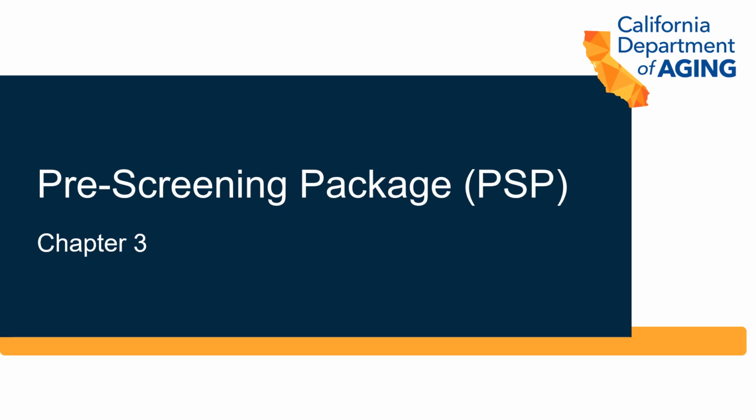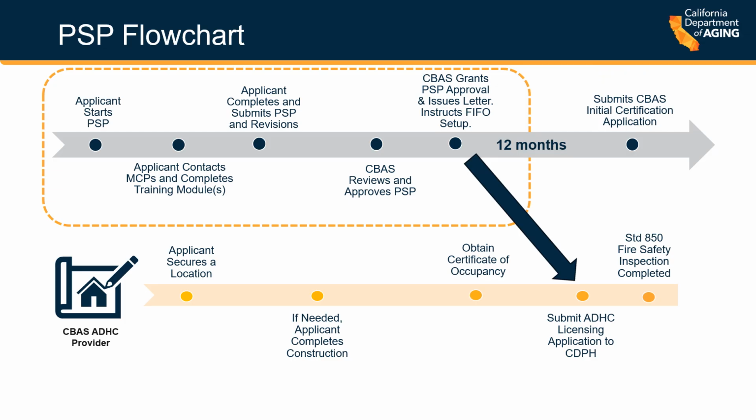In Chapter 3, we will review the PSP portion of the roadmap in greater detail. As mentioned, the roadmap to CBAS certification has many different components. We will provide more specifics based on each section to ensure a complete understanding of the process. In this section, we will be discussing the PSP process specifically.